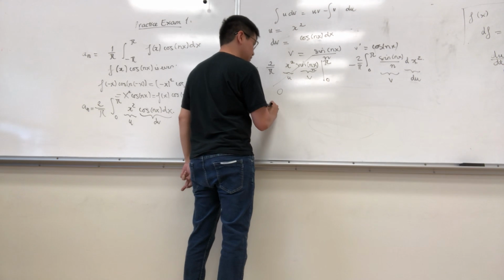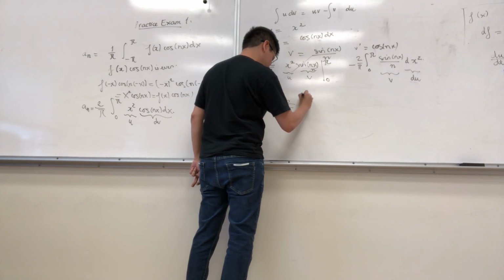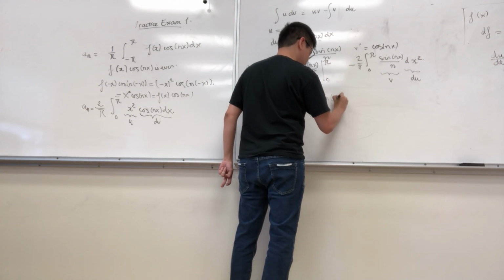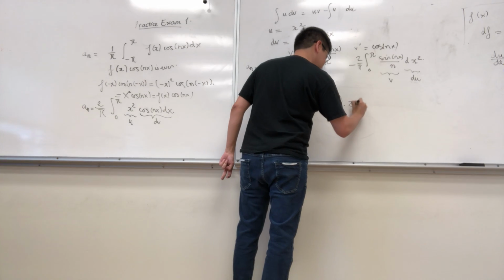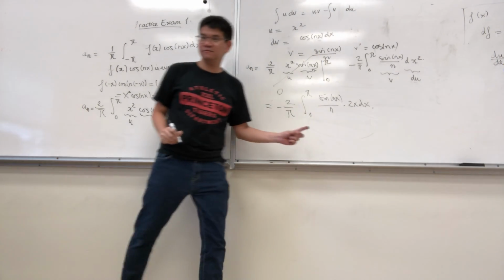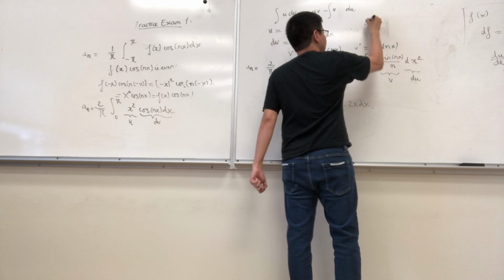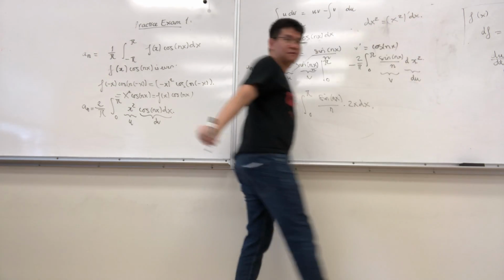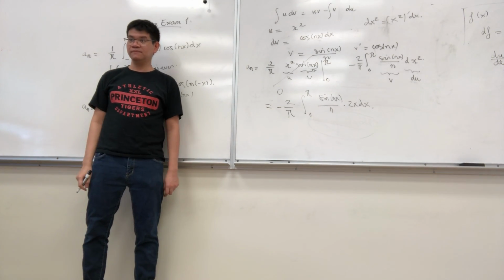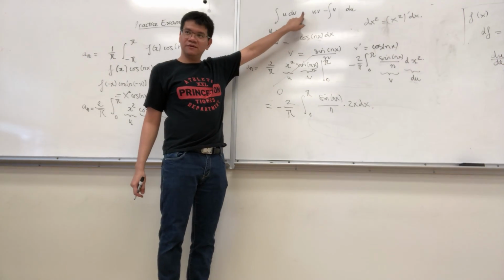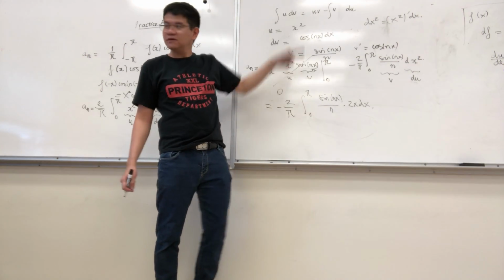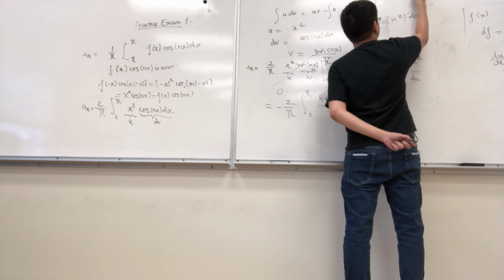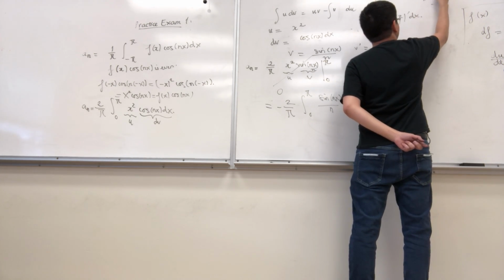Right, so this is going to give me minus 2 over pi, integral from 0 to pi, sine of nx over n times 2x dx. d of x squared will be x squared prime dx. This is why this formula can be written in the following form: the integral of u v prime dx is uv minus the integral of v u prime dx.